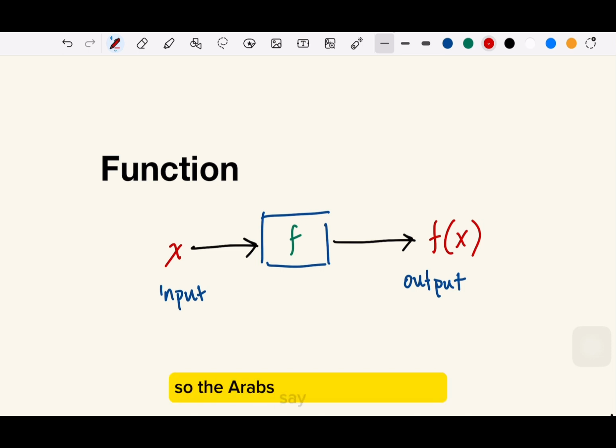The Arabs said this is actually called the unknown, or in Arabic, the shay. It can be anything. That's why it's a variable, or we can say an independent variable. But they didn't have a word for that, so they said okay, x. That's how it becomes x.